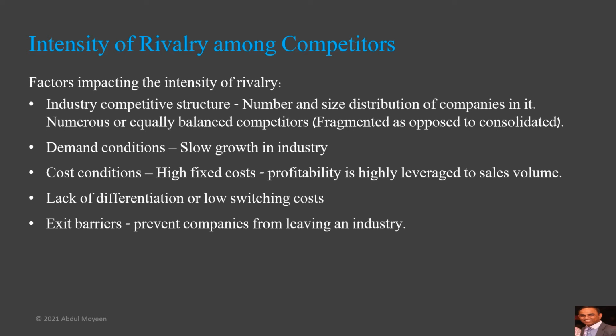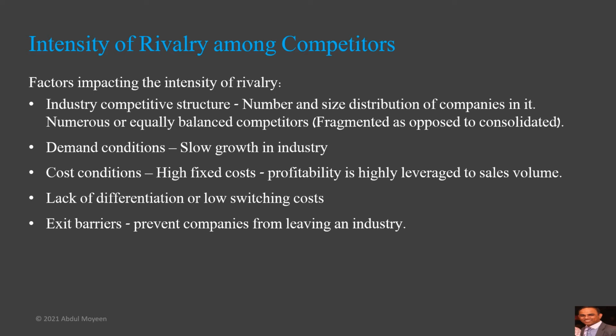Industry competitive structure, that is the number and size distribution of companies in it. Industry structures vary, and different structures have different implications for the intensity of rivalry. A fragmented industry consists of a large number of small and medium-sized companies.